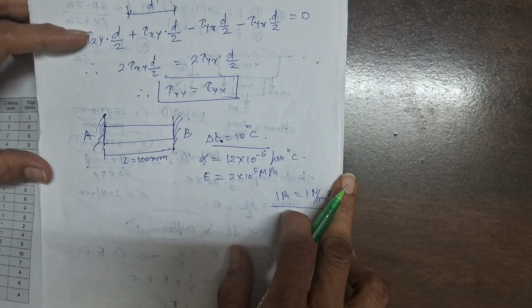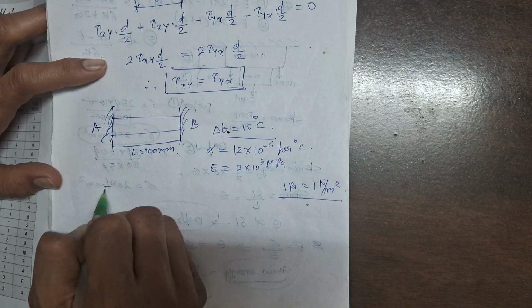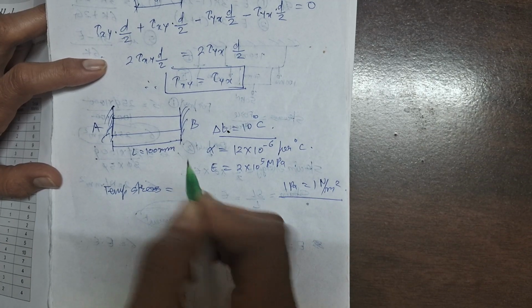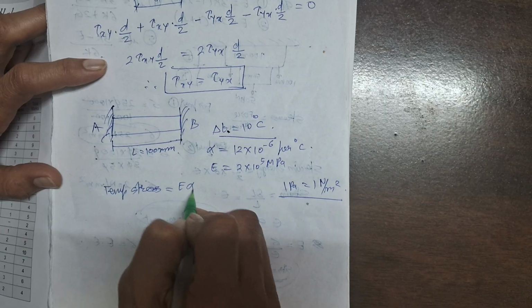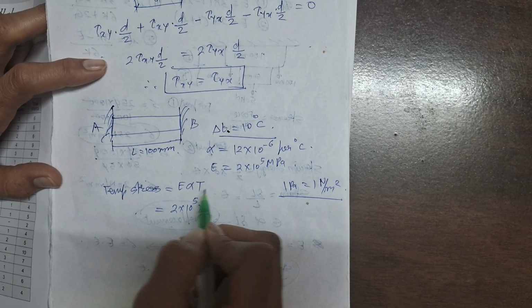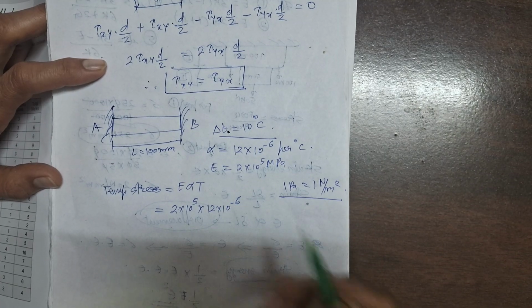Now we have to find out the temperature stress. We should know this direct formula, that is E alpha T. So that is E, 2 into 10 raised to 5, into alpha, which they have given as 12 into 10 raised to minus 6.